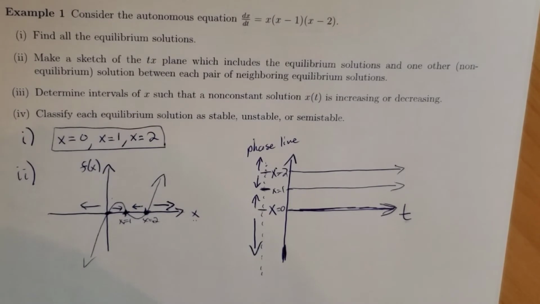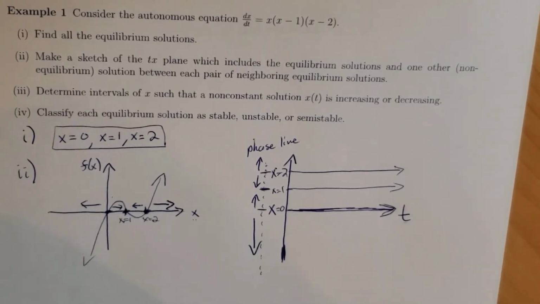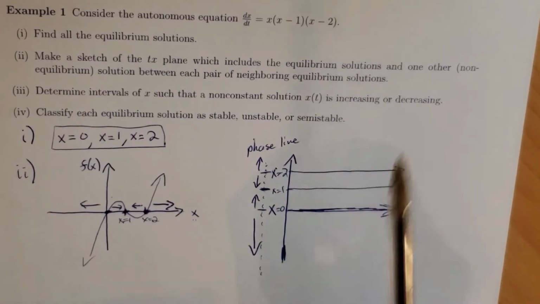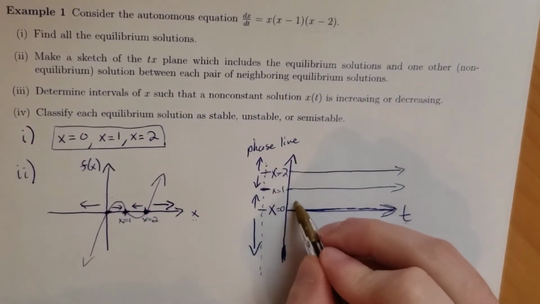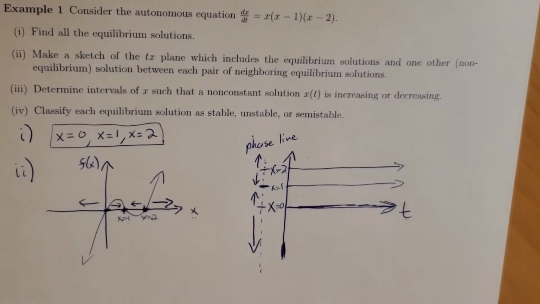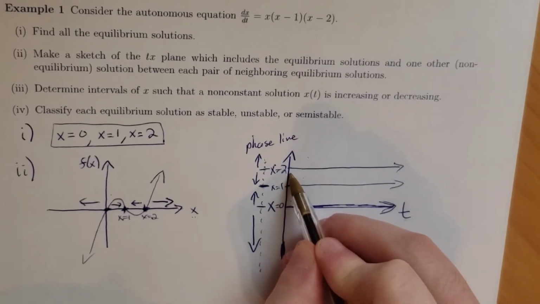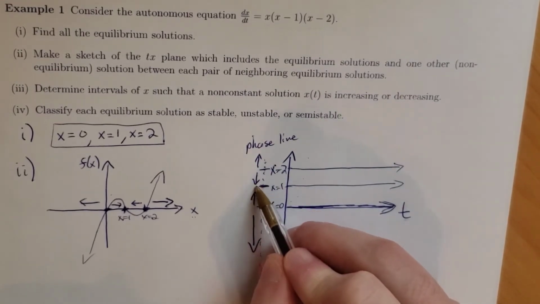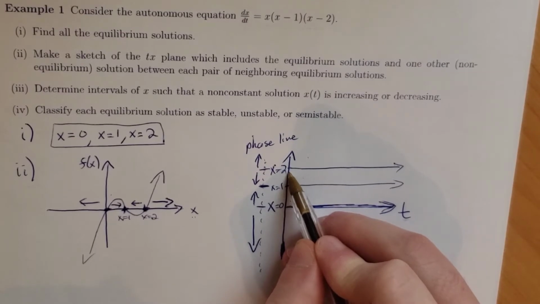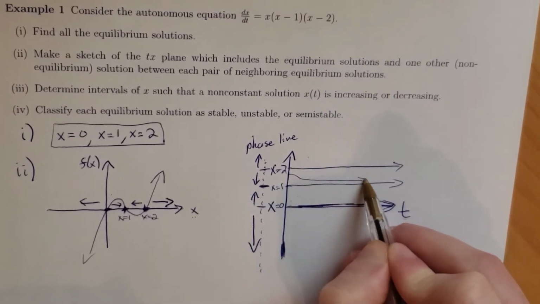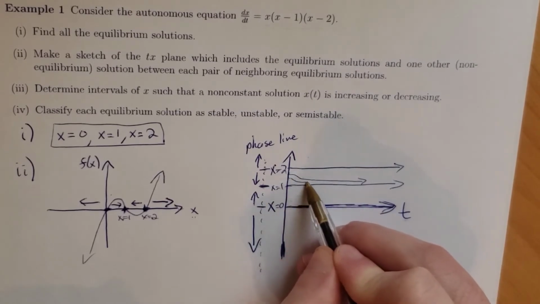And all of those are solutions to the differential equation. Now, we want to draw other solutions in between each of these. Well, how do we do that? So given some initial point here, we know that this function is going down. So these graphs are going to look something like this.